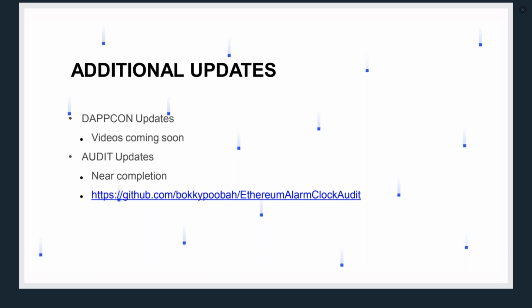The audit is very close to completion. You can check out the public link on GitHub, and we're just basically implementing the small changes that were suggested by the auditor. Yeah, so we are aware that some of you would have given up hope because of how long it's been taking to audit the contracts, but at least now things are getting more realistic, and the time to release the mainnet is closer now more than ever.